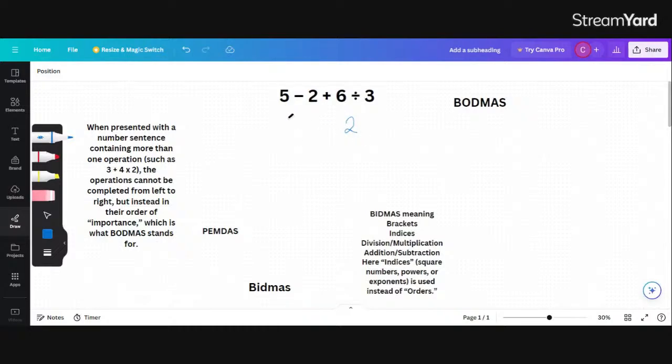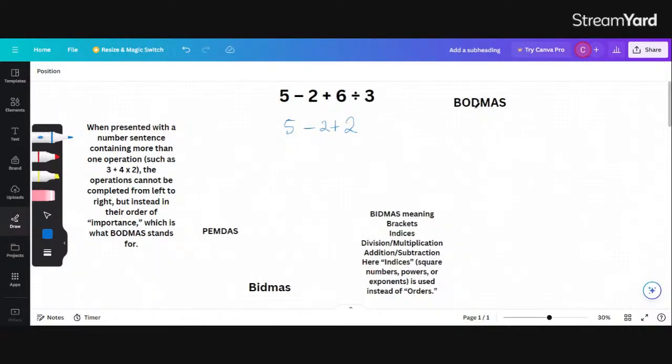Then we take this down: 5 minus 2 plus 2. So this is what we have now.